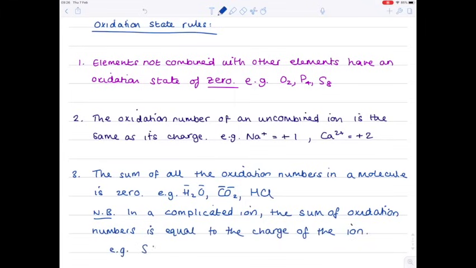Taking the ion SO4 2-, the sulfate ion, if you add the oxidation number of sulfur to 4 lots of oxygen, you'll have a net charge of 2-. For the nitrate ion, if you add the oxidation number for nitrogen to 3 lots of oxygen, you'll have a net charge of 1-.